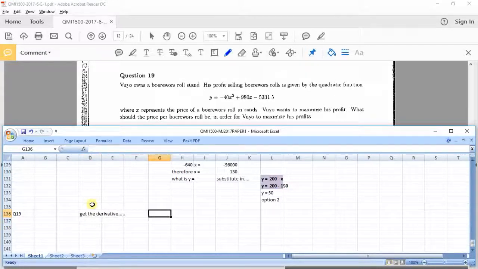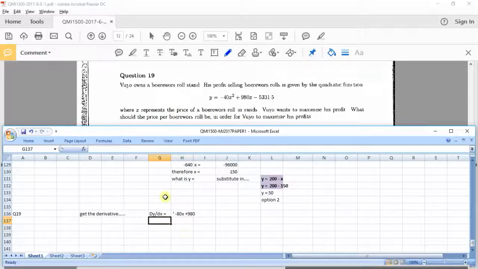When I see the word maximize, I need the derivative. So dy over dx equals, the derivative for this would be 2 times negative 40 is negative 80x plus 980. That's the derivative. Do you agree? Yeah.